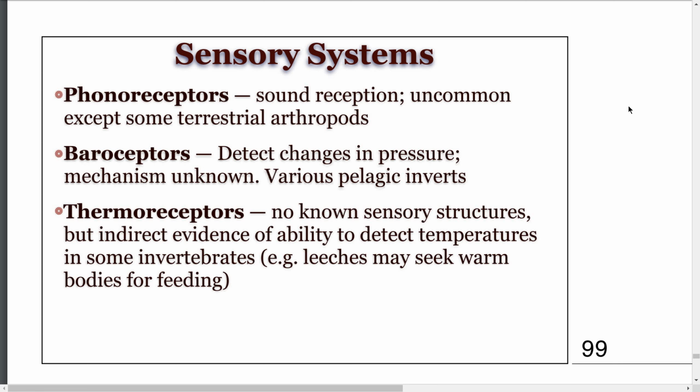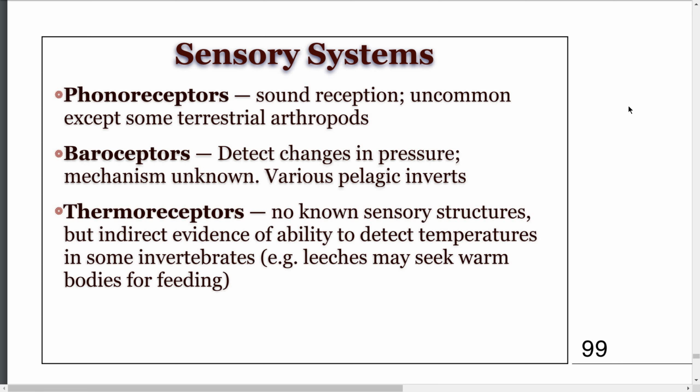You need something at a different density that can trigger appropriate vibrations rather than just passing through. So for marine organisms in general, phonoreceptors are uncommon. They're not unheard of, and there are even some shrimp that communicate using sound. But it's not terribly common except for some terrestrial arthropods.